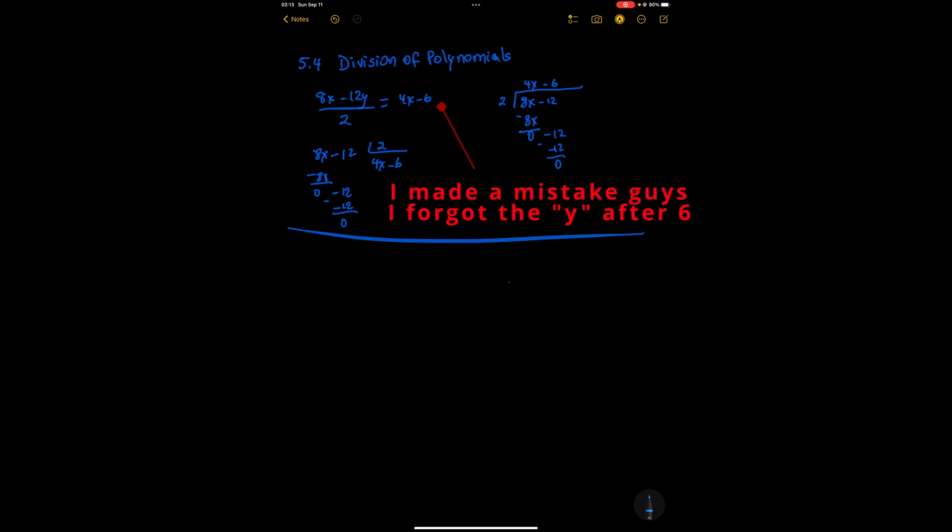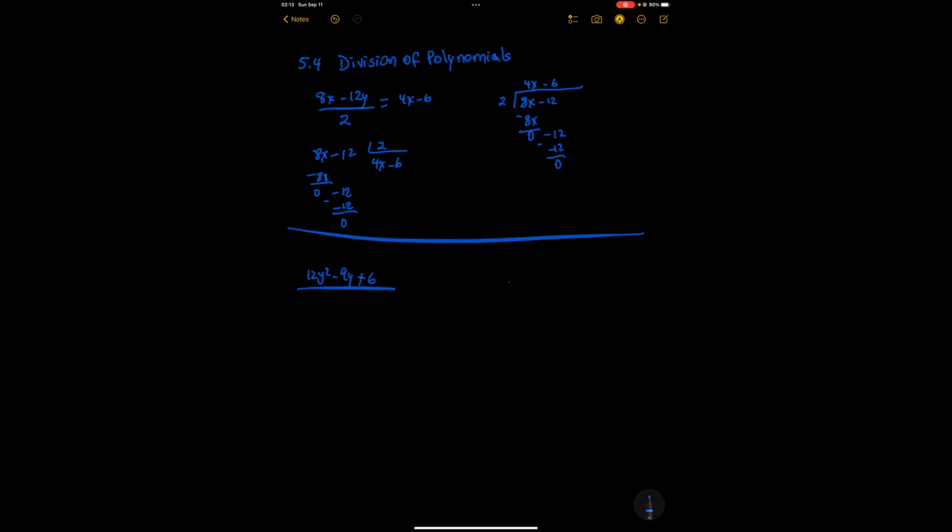Let's do a little much harder example. Let's say we have 12y squared minus 9y plus 6 over negative 3y.